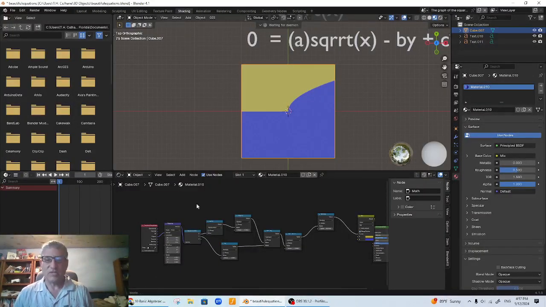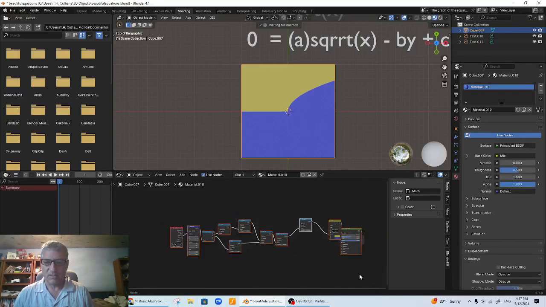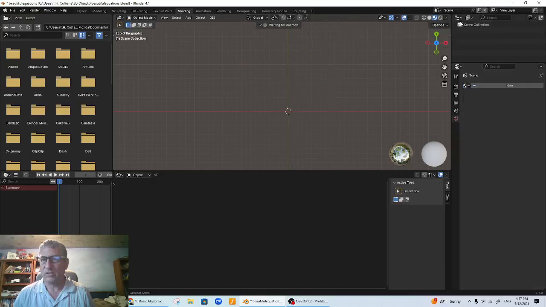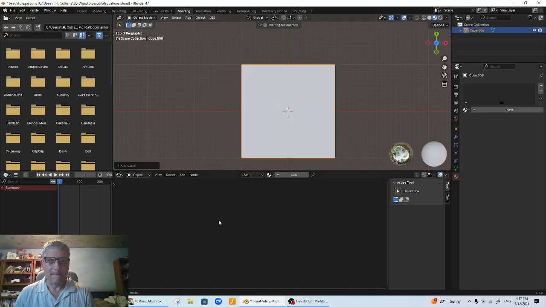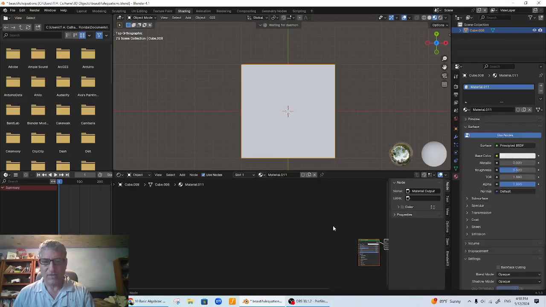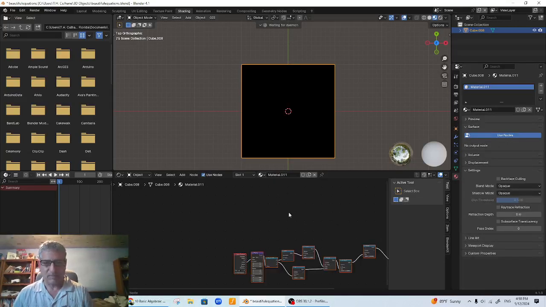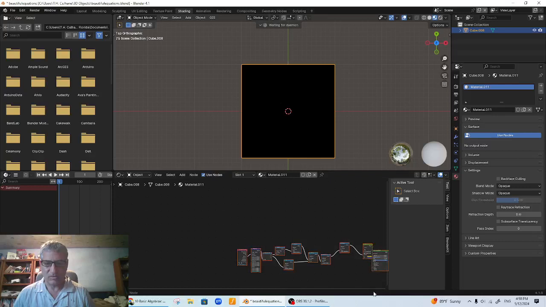All right, we're going to do a new scene then. We're going to take all of this again and copy it, and we're going to make a new scene. And in this scene, we're going to add a cube. And we're going to create a new shader node setup and paste this shader node setup in.